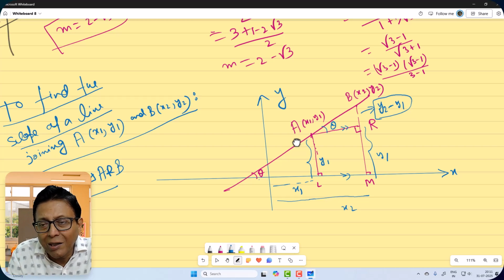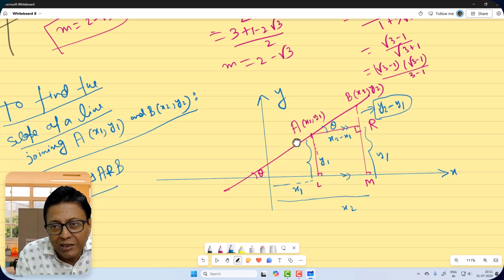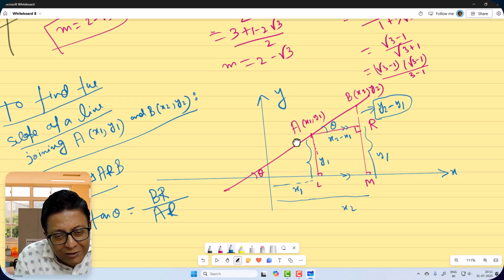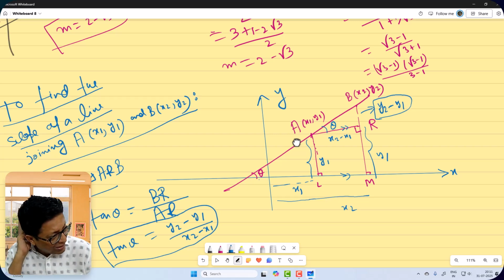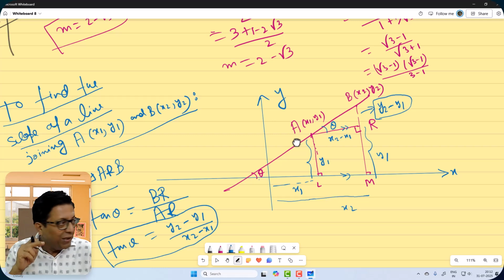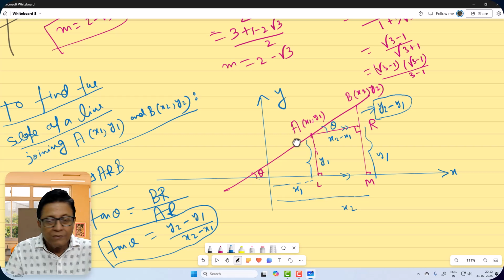So in triangle ARB, tan theta is going to be BR by AR, that is y2 minus y1 by x2 minus x1. We can easily get the value of tan theta by using this formula, and hence the value of theta. Okay?